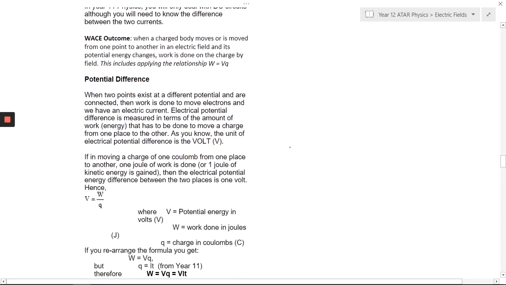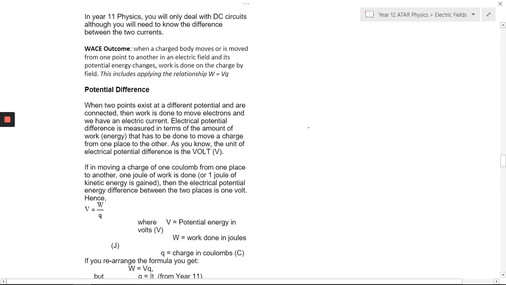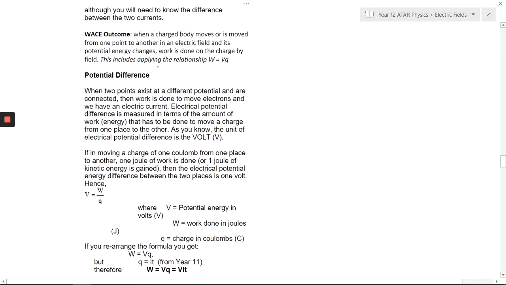We might as well cover quickly this outcome too. So we figured out that conventional current is the flow of charge from positive to negative, and electron current is the way negative charges flow, which is actually from negative to positive in a circuit.